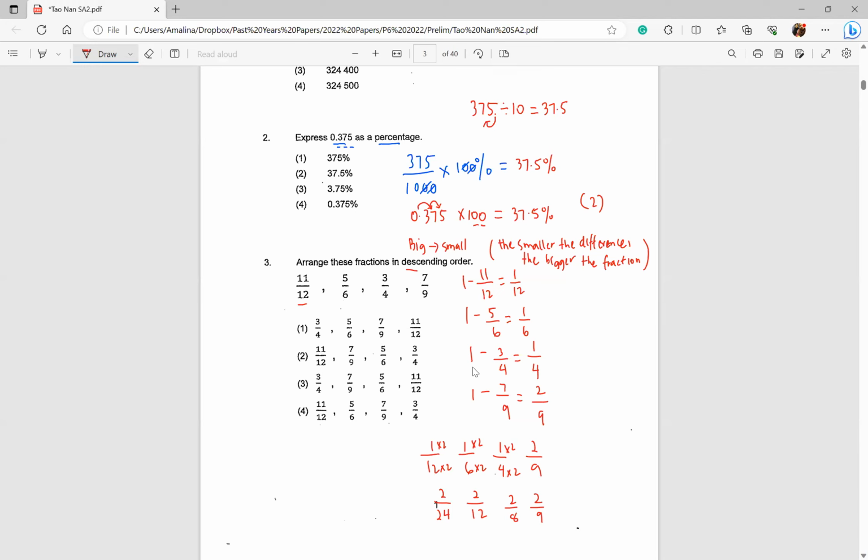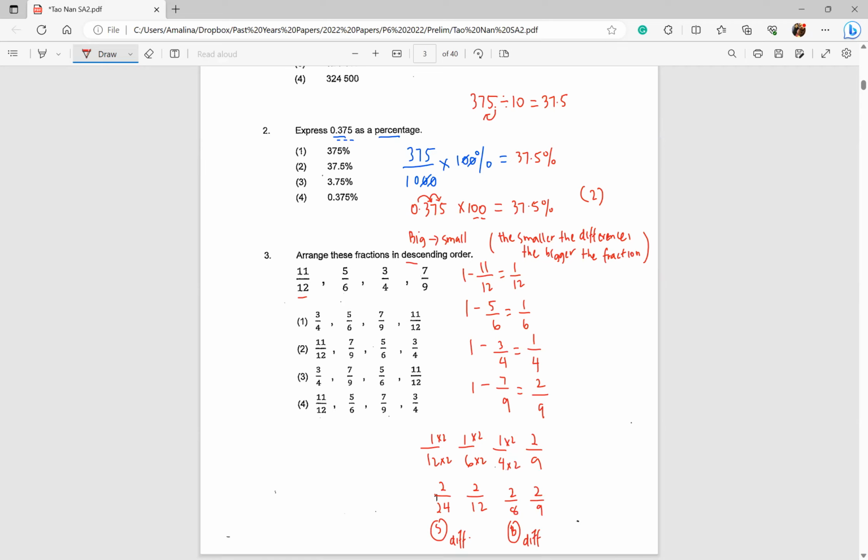Which means that this must be the biggest, so this is the smallest difference. Smallest difference, so don't get confused. And then this will be my biggest difference, the 2 over 8.